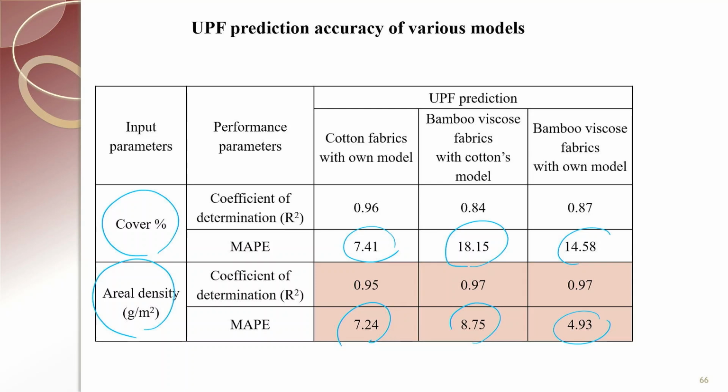So, we should use the bamboo viscose its own model, and at the same time cover factor is not the criteria to predict the UPF. More accurate results we can get by using the areal density model. That is why for cotton we use its own model, and for bamboo viscose its own model we should use to predict the UPF value.